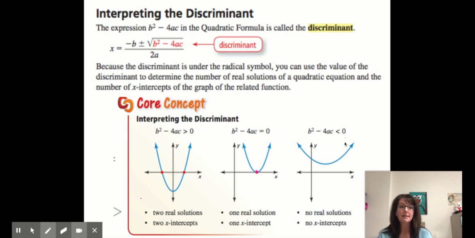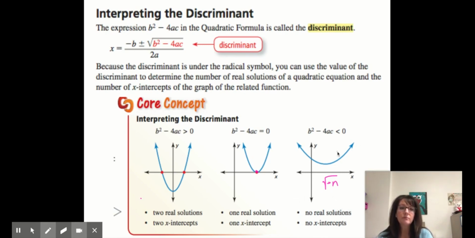When it is less than 0, this is when you have this negative value under the radical. We do not have real solutions. We don't have any real value to understand, like what number times itself will give you a negative value. So there's no real solutions, no x-intercepts, and that's when the parabola will be kind of floating above the x-axis, or if it's going down, it could be floating below.